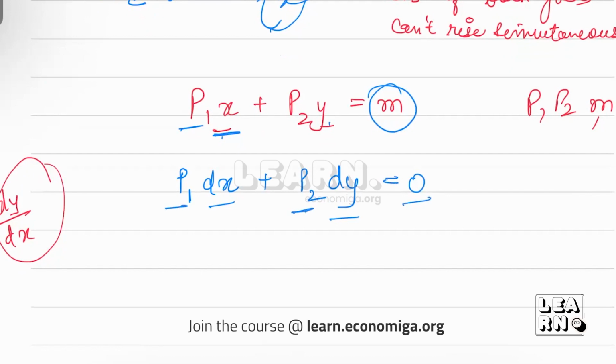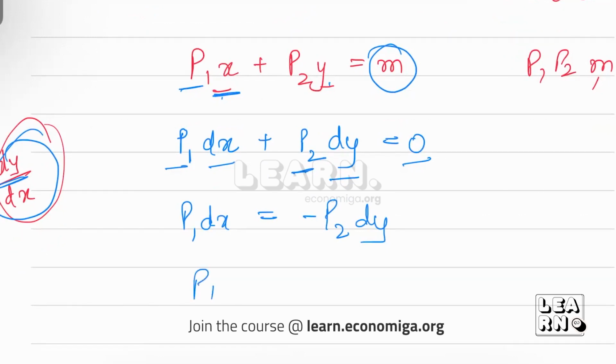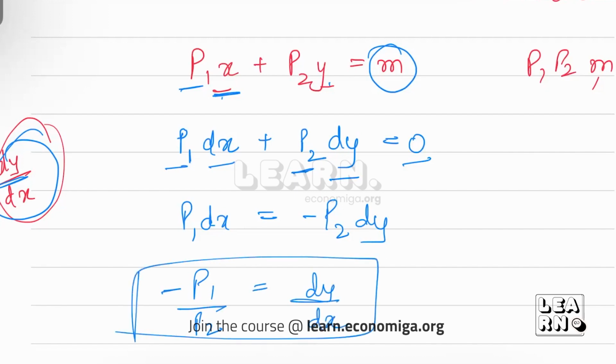And m is a constant, so its derivative is 0. Now I want to find the formula for the slope, which is dy by dx. So I'll take P2 to the other side. This becomes simple algebra now. Negative P1 by P2 is dy by dx. A very simple formula for the slope of the budget line.